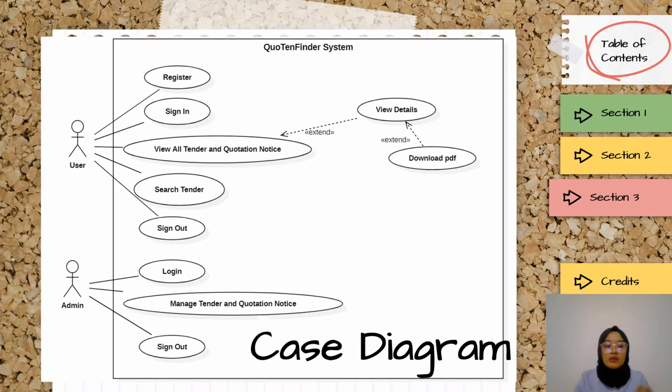For the admin, they can log in to the system and manage tenders and quotation notices, which includes adding a tender, updating a tender or quotation notice, deleting, and also viewing. The last one is that the admin can sign out from the system.